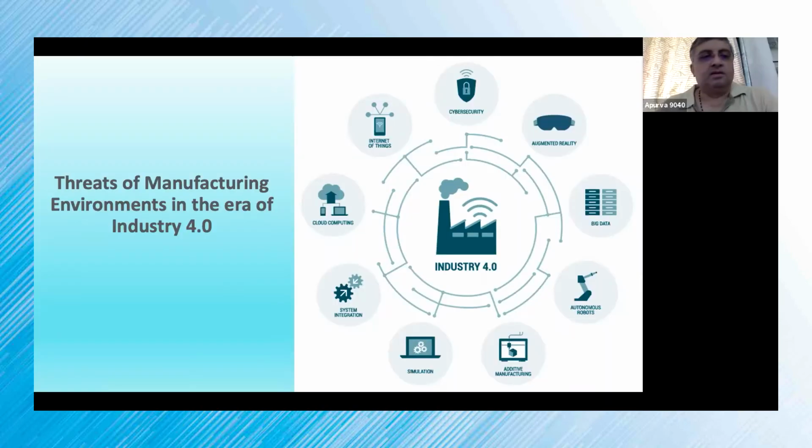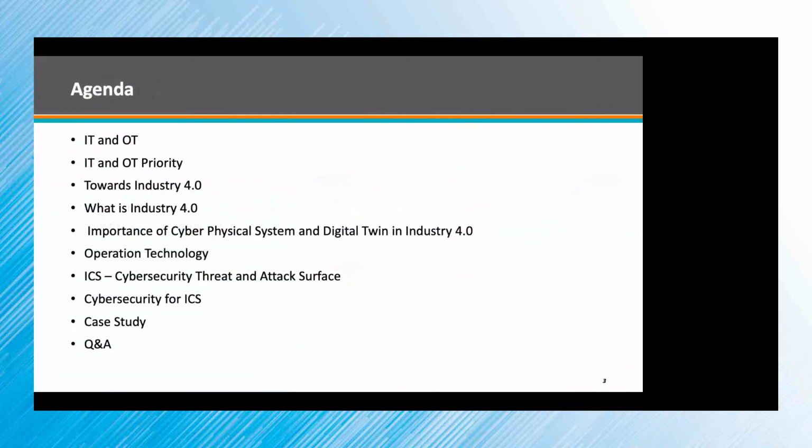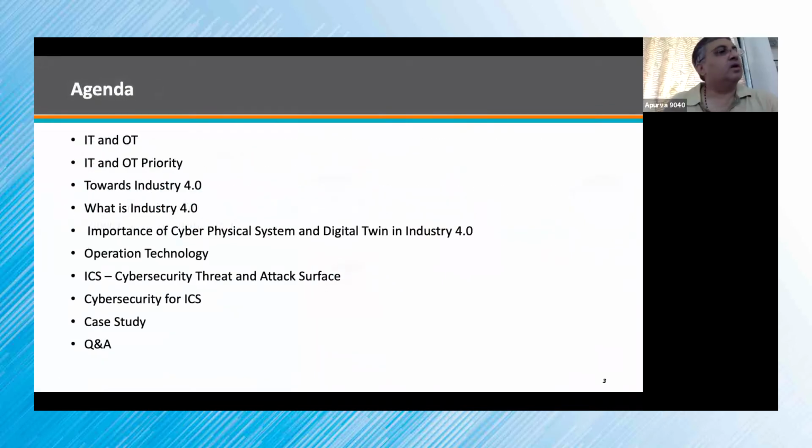Thank you, Mohinee. Good morning, everyone. So let me start with the topic today, threats of manufacturing environment in the era of Industry 4.0. Before I jump directly to Industry 4.0, let me give you the background of what are the things that I am going to cover.